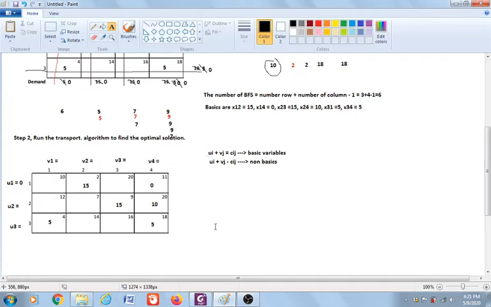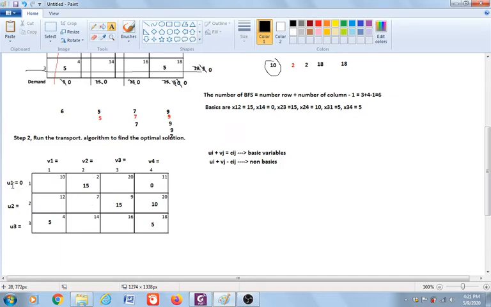Okay, now we know that we need to have ui plus vj equals cij. The cij is the cost 10, 2, 11, 9, 7, and so on and so forth.